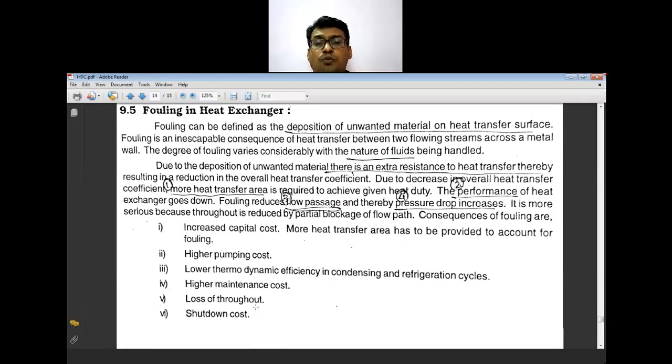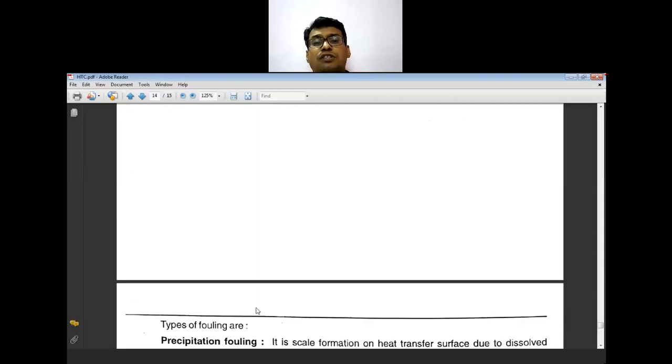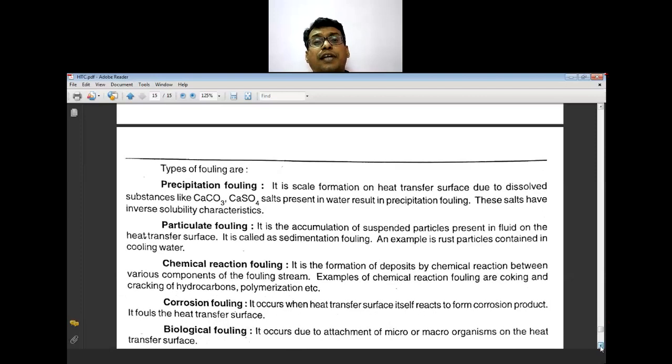So higher maintenance costs, losses of throughput, shutdown costs, all these are the different cost factors that are going to be affected due to this fouling.